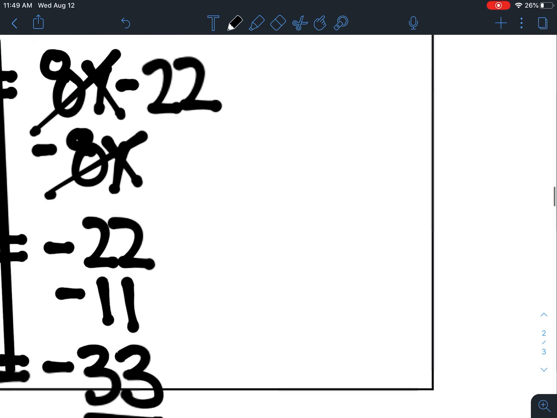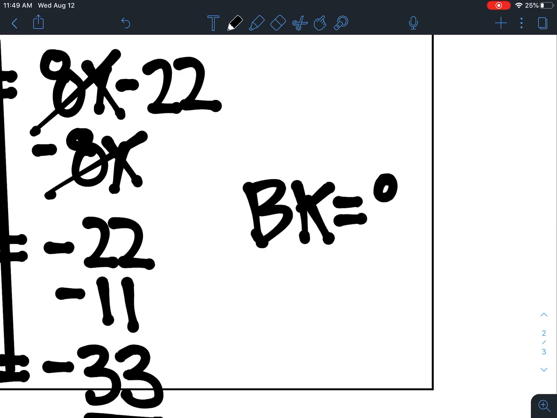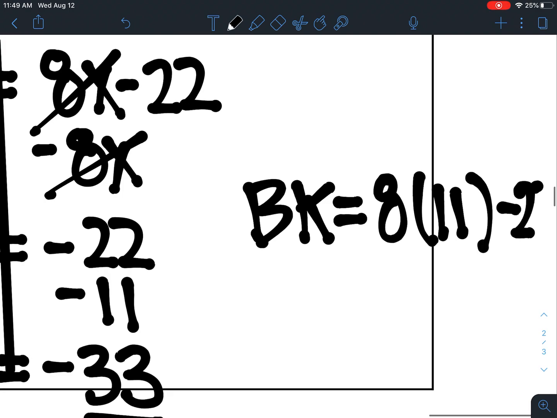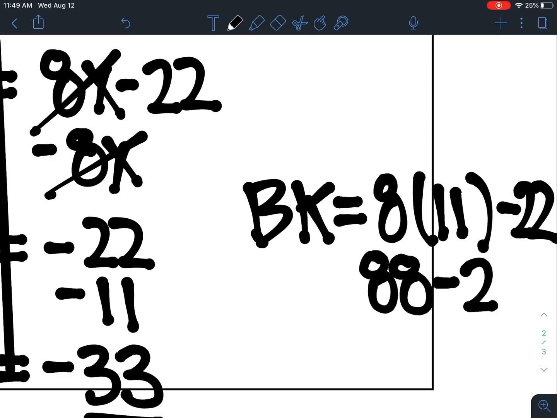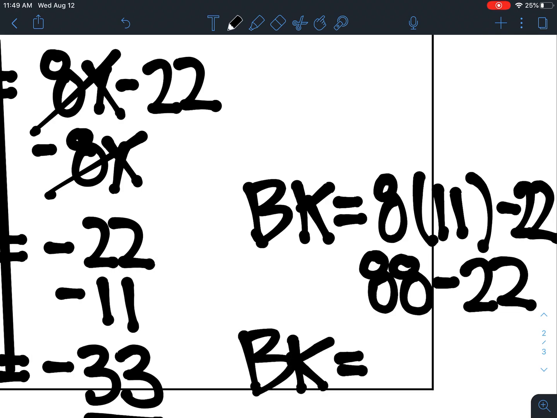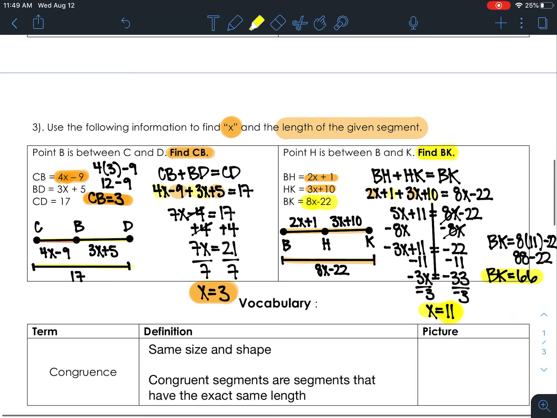So I'm going to get BK is equal to 8 times 11 minus 22. Oh, I'm running out of space. 8 times 11 is 88 minus 22, which means that the length of BK is equal to 66. And that's our final answer.